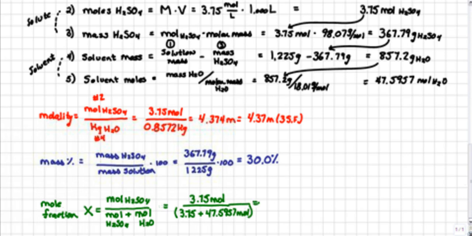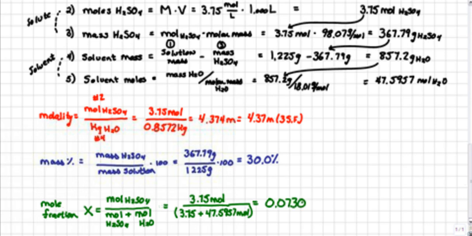No additional multiplier required for that, but I've got to quickly calculate this in my notes. I didn't quite have the right answer, so let me just punch the numbers in. Let's see. We have 3.75 divided by the total of 3.75 plus 47.5957. And the mole fraction comes out to be, with three significant figures, 0.730.